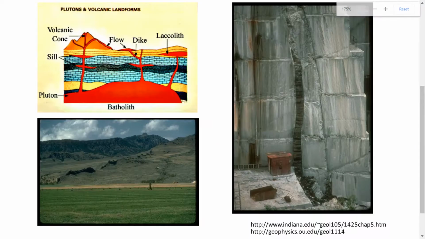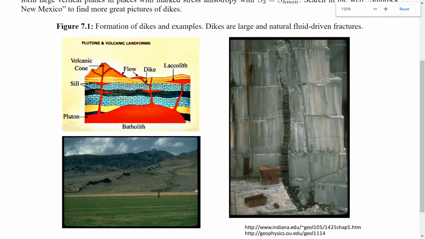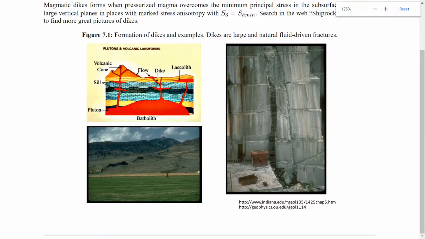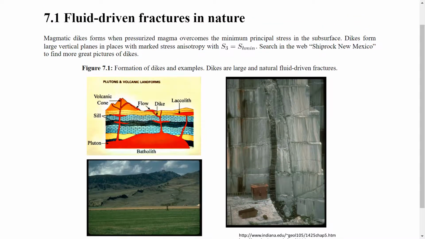So there are large dikes like these in several parts of the world, and sometimes they are also used to tell you the orientation of hydraulic fractures and the orientation of the minimum principal stress in some places in the world.